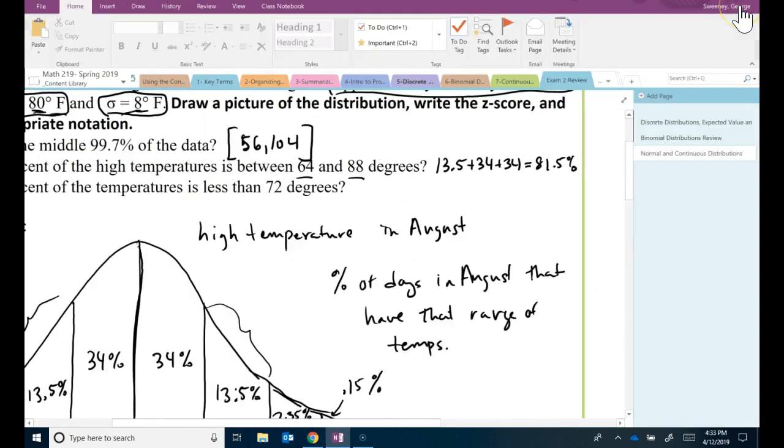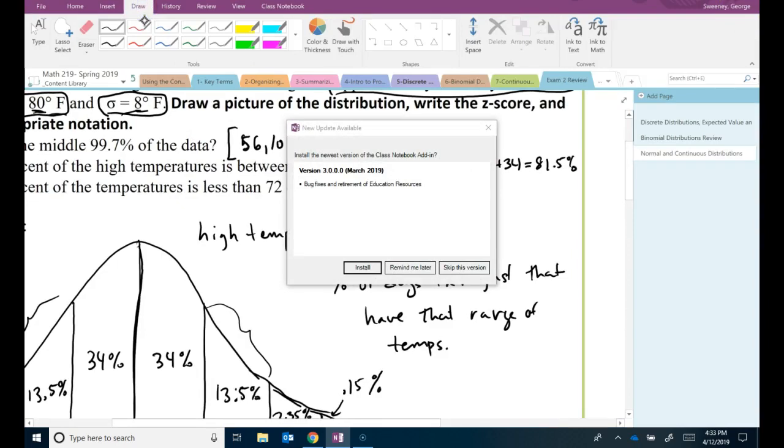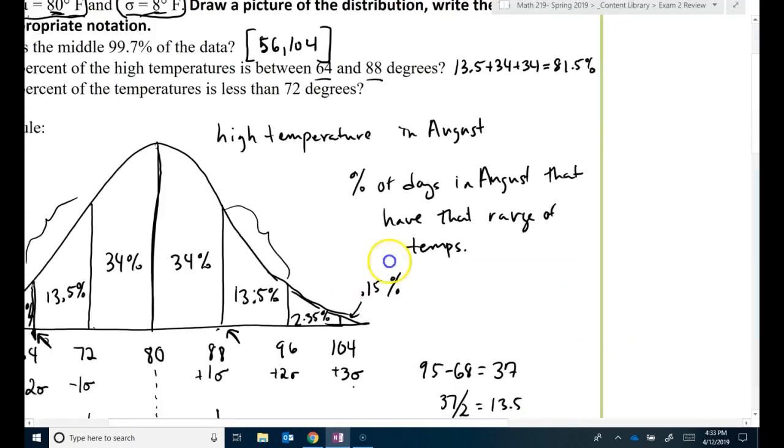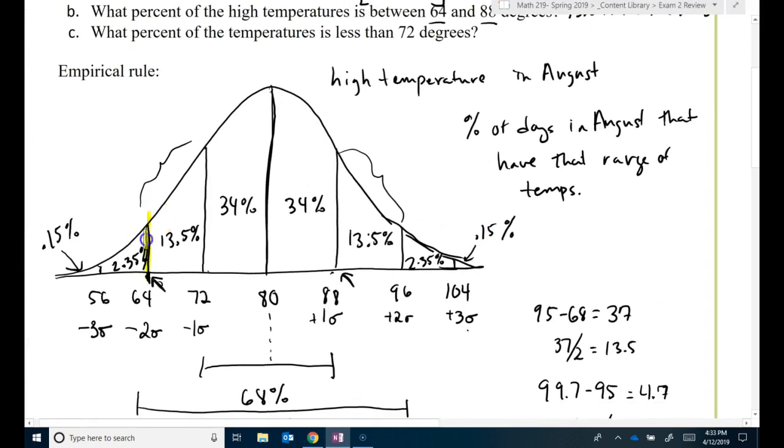Actually, I'll highlight it. This grouping is going to look like this. So we want this group. All that. So all we've got to do is add up all that area. Okay, so after we've generated the distribution using the empirical rule, we add them all up.